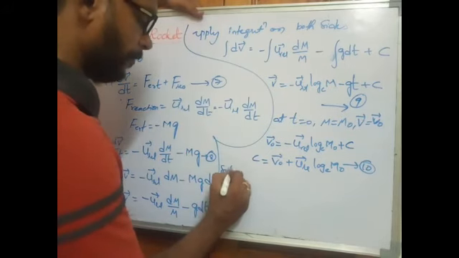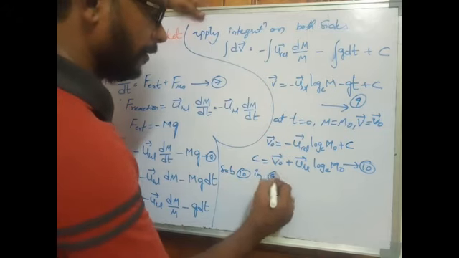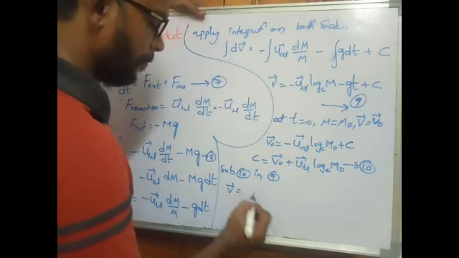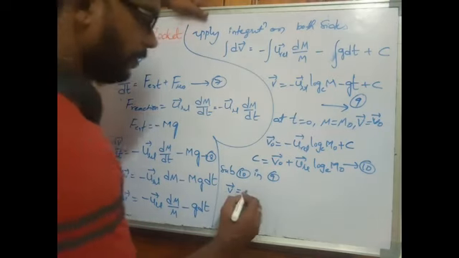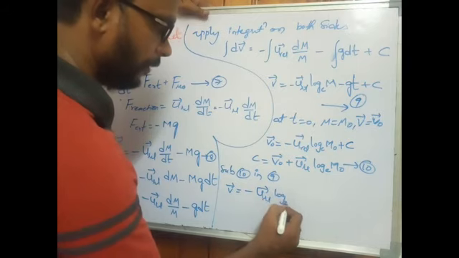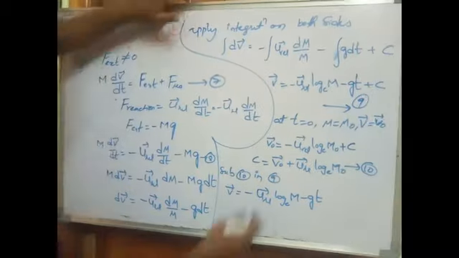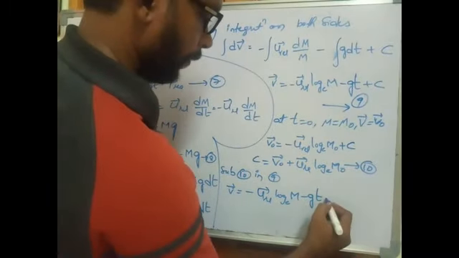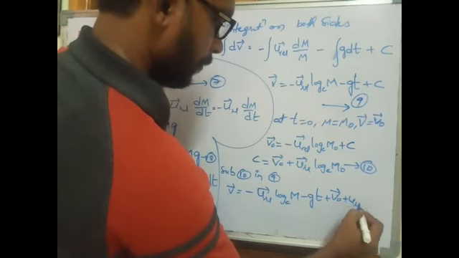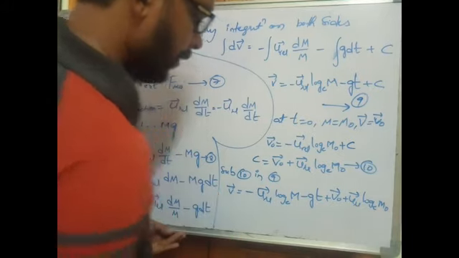Substituting 10 in 9, we get v bar equals minus relative velocity log e m, minus gt, plus v naught bar plus relative velocity log e m naught.